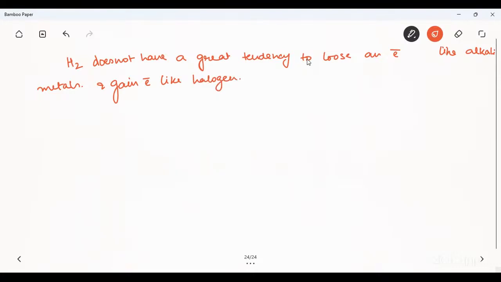So this is the very important point. In view of this, it is very difficult to assign any definite position to hydrogen. Sometimes it is placed in 1A and sometimes it is placed in the 7A group.